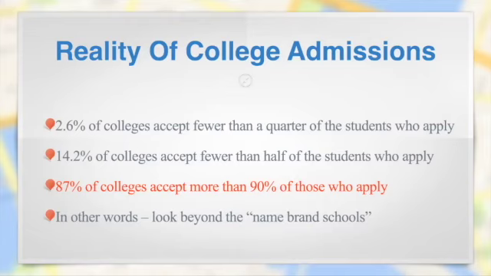And that is the reality. So you have to apply broadly and look at many different schools that might fit a student's needs. Now, it's up to you, but I want to make sure that we're communicating that there are colleges out there. You just need to apply to them. We need to look beyond the beach sometimes and look a little broader. In other words, look beyond those name brand schools.